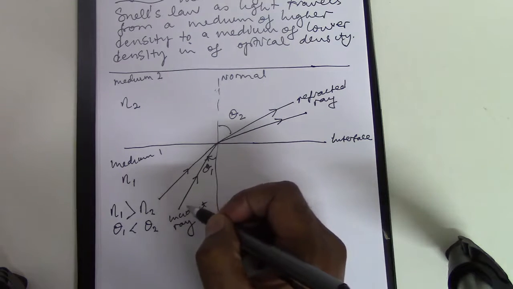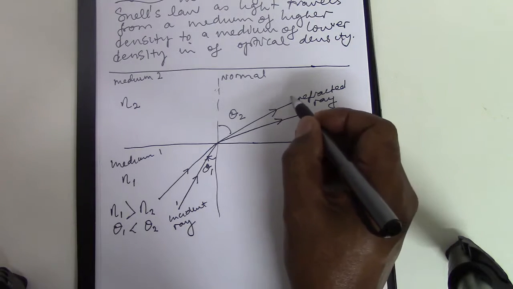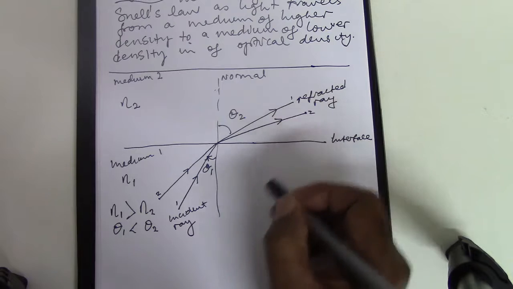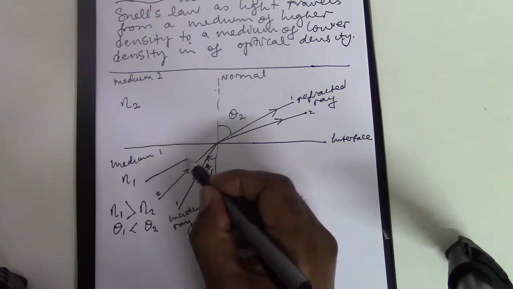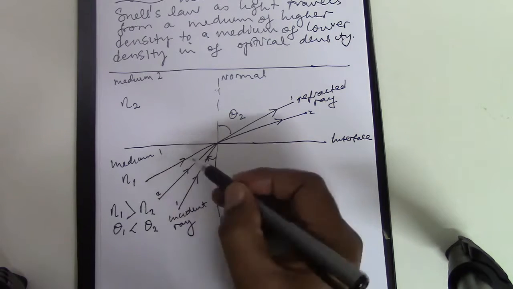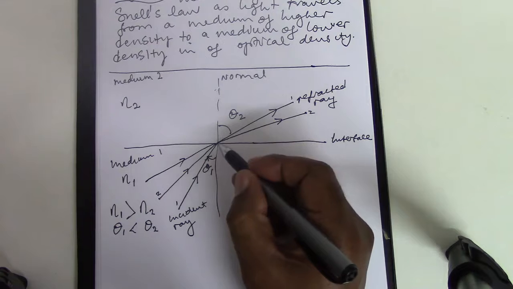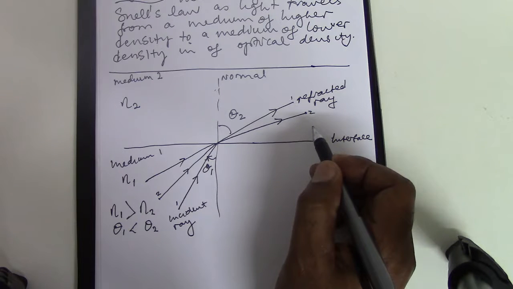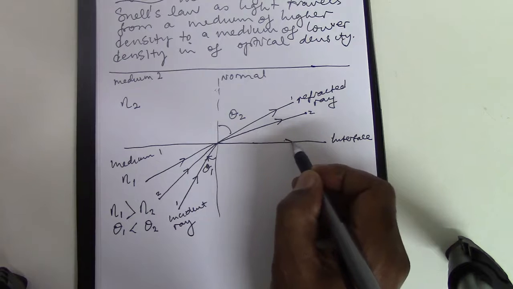If we call this position 1, and this position 2, then if we keep on increasing the angle of incidence, we keep on getting an increase in the angle of refraction.